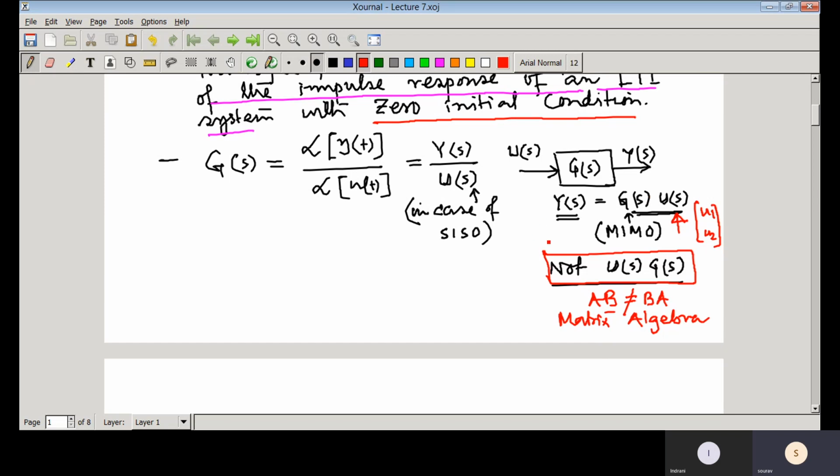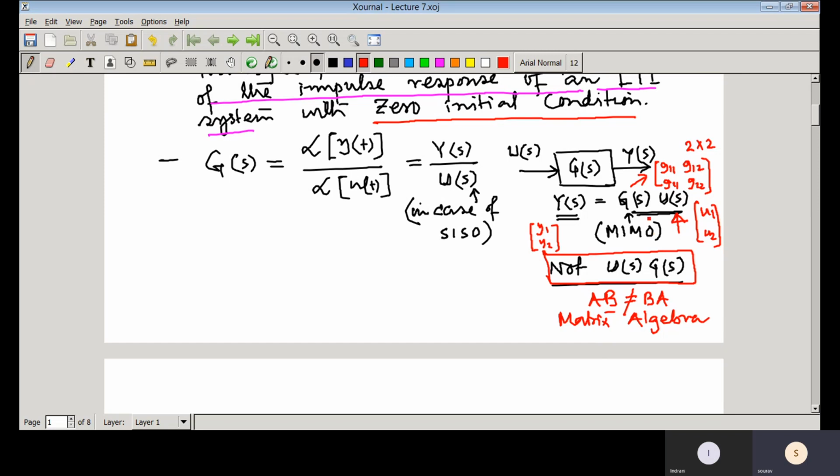If Y(s) is Y1, Y2, say 2 cross 1, then what is the dimension of G(s)? The dimension of G(s) is G11, G12, G21, G22, so its dimension is 2 cross 2. So this G(s) is a transfer function matrix.